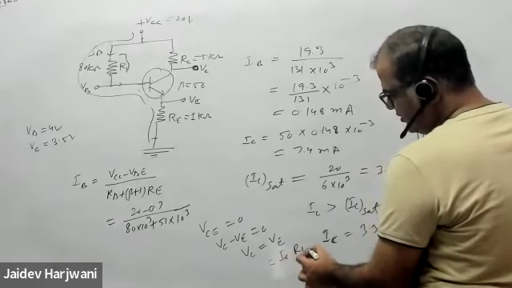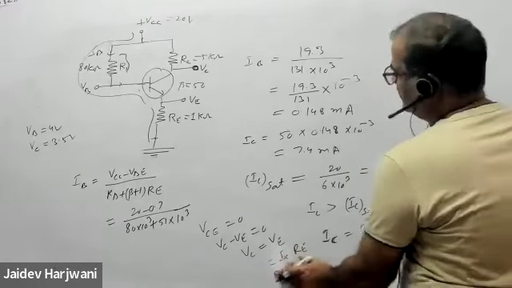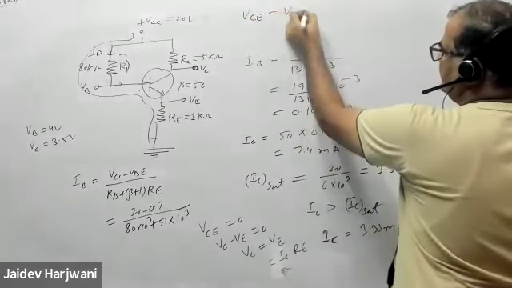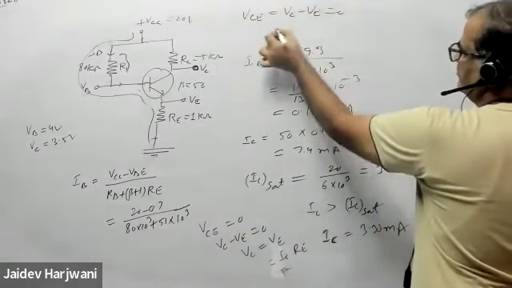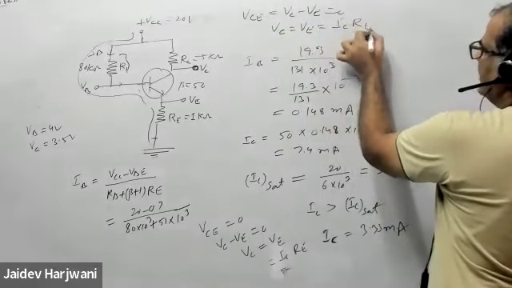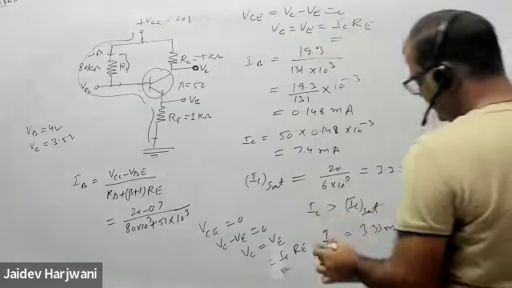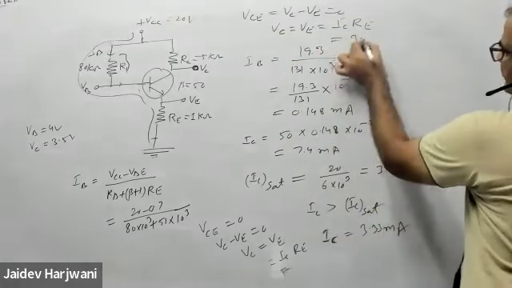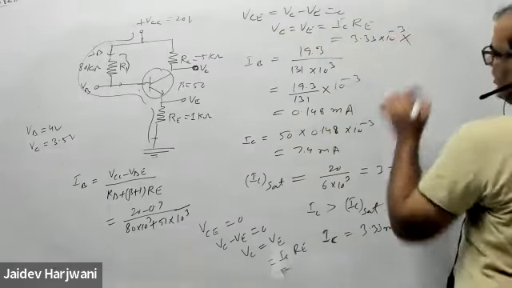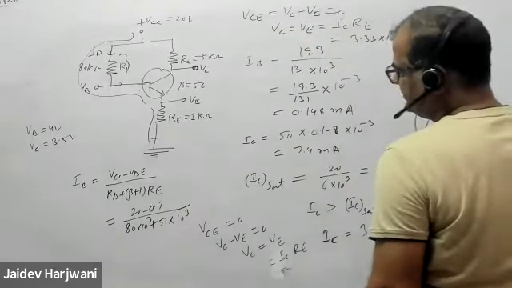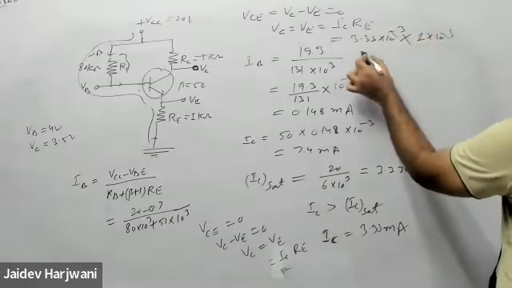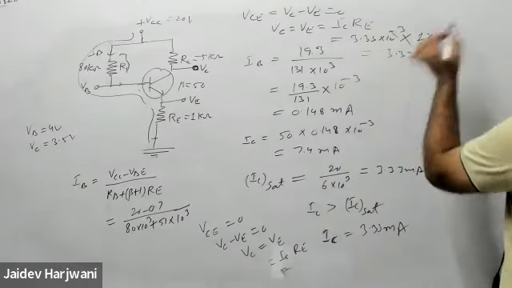IC is 3.3 milliampere, and RE is 1 kilo ohm. This cancels out, so VC becomes 3.3 volt.